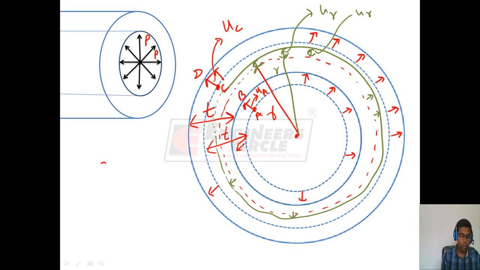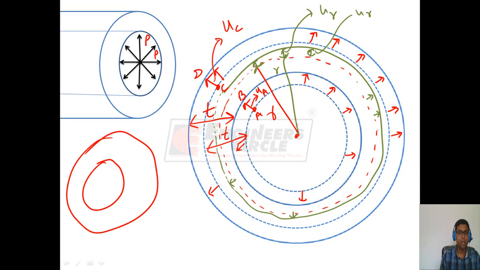Now, if we want to find the radial strain, that is the strain of the cylindrical element in the radial direction, we choose any differential length at r equal to r. Let this differential length be dr. After the application of pressure, point E and point F will move in the radial direction.